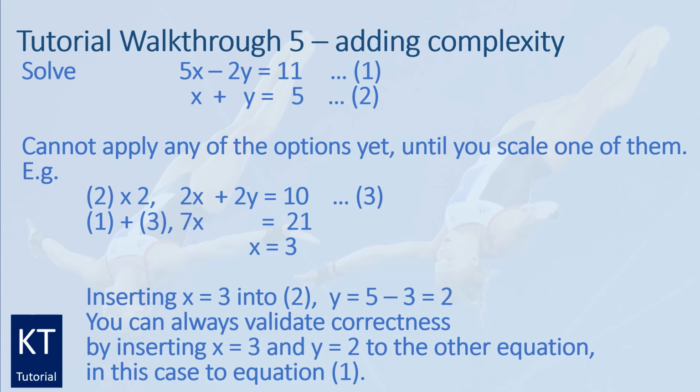Now, you can add equation 1 and equation 3 to eliminate the variable y and solve for x. By inserting the value of x into the simpler of the two equations, this being equation 2, you can solve for y. You can always validate correctness by inserting the values of x and y into the other equation, in this case equation 1.